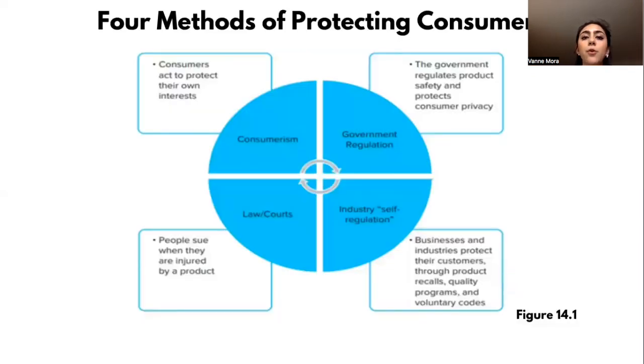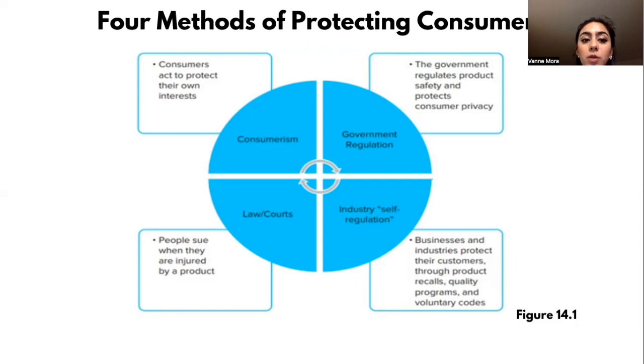Okay, so we have 4 methods of protecting consumers. As we can see in the graph, we have the 4. The first one is consumerism, when consumers protect their own interests. Then we have government regulations. As the name says, this is when government regulates product safety and protects consumer privacy. We also have the law and courts.